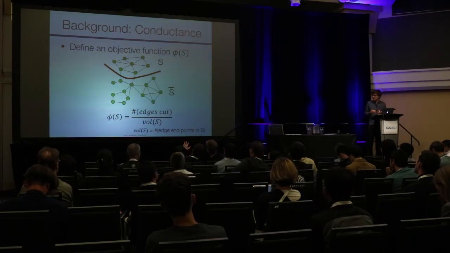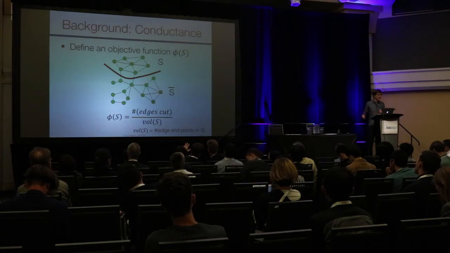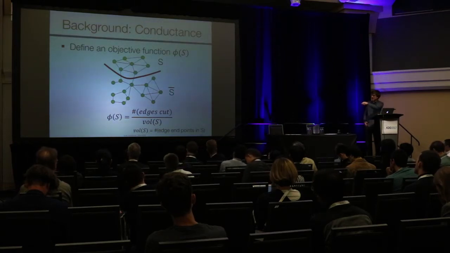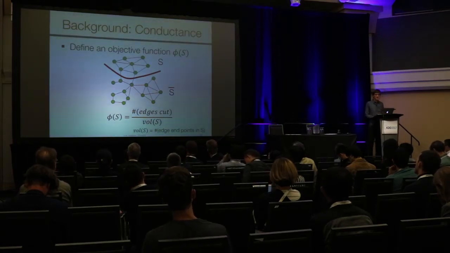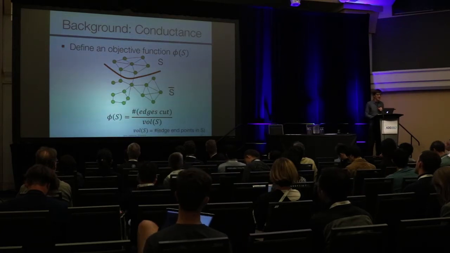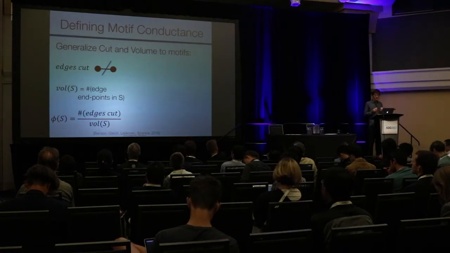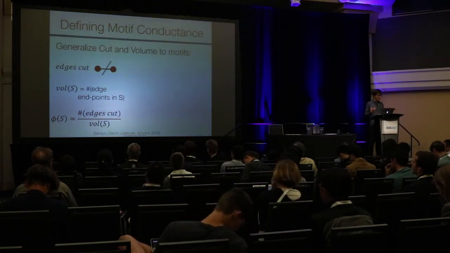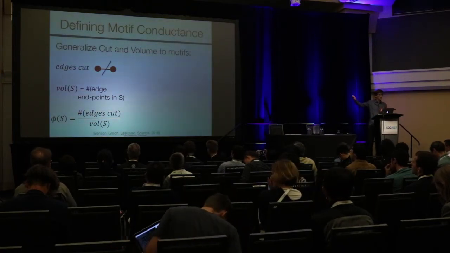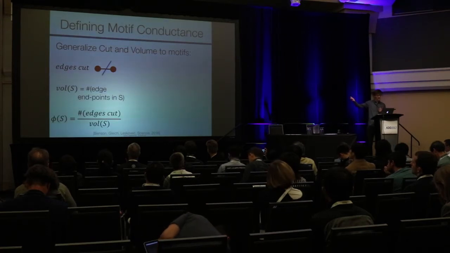The volume is simply the number of edge endpoints in S, so it's basically the sum of the degrees of the nodes in the set S. This is now over individual edges. To do conductance over individual edges, I have to specify the number of edges that I cut, I have to specify the volume, and then I take the ratio.